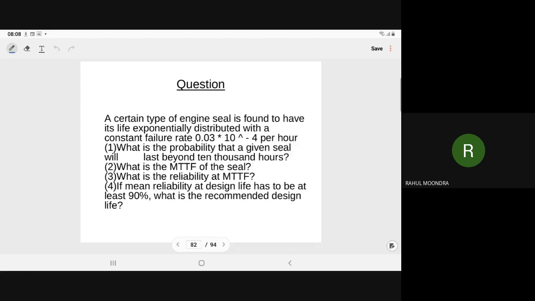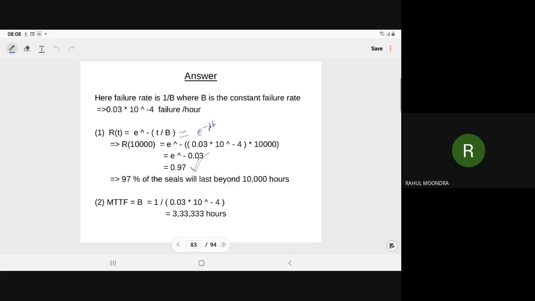In the second part, we have to give the answer for the MTTF of the seal. You know that when the time to failure follows the exponential distribution, the MTTF is 1 upon lambda.